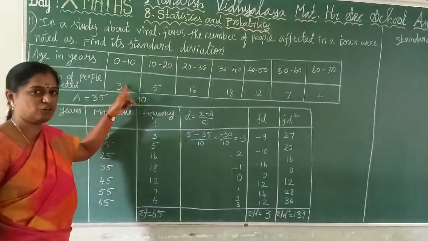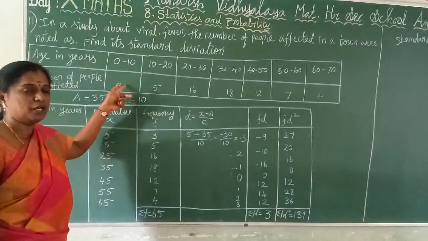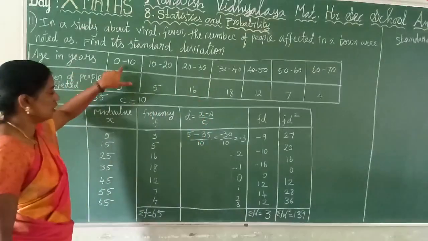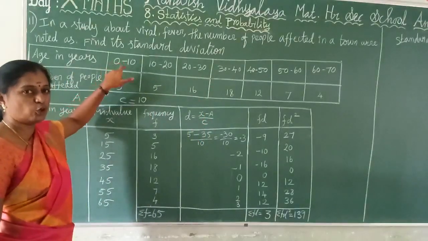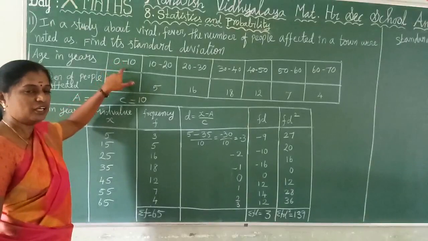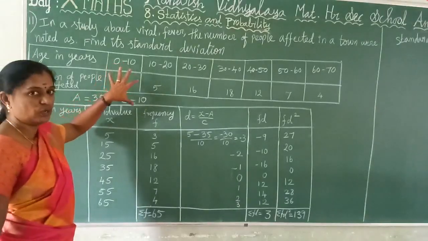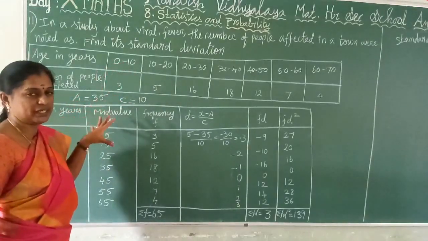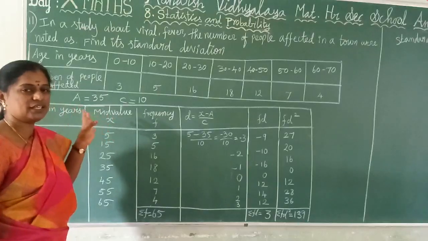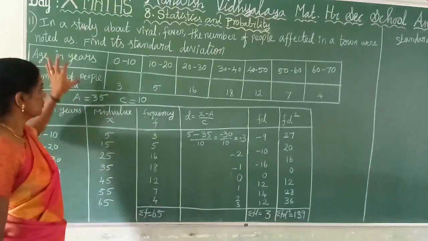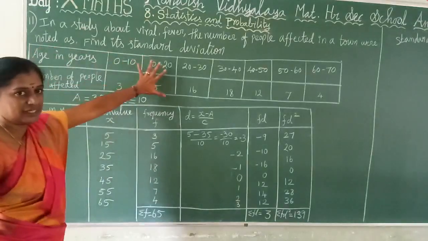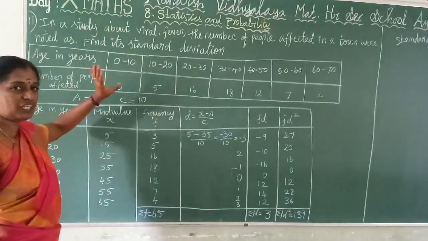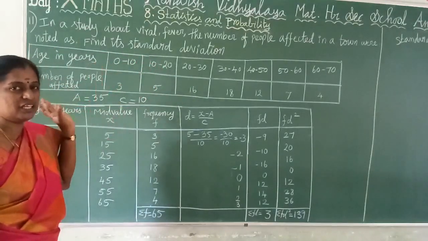Using this data, we have to find the standard deviation. Before, ungrouped data was given, but here grouped data is given. Clear? So how do we convert this grouped data to ungrouped data and then calculate the standard deviation? As in the last question model, you write the data given, after that you find the assumed mean and the common factor.